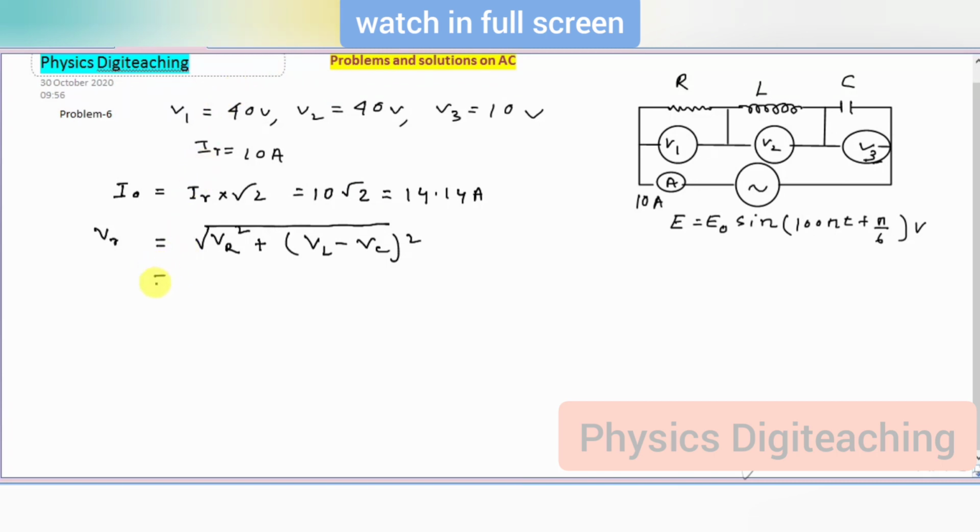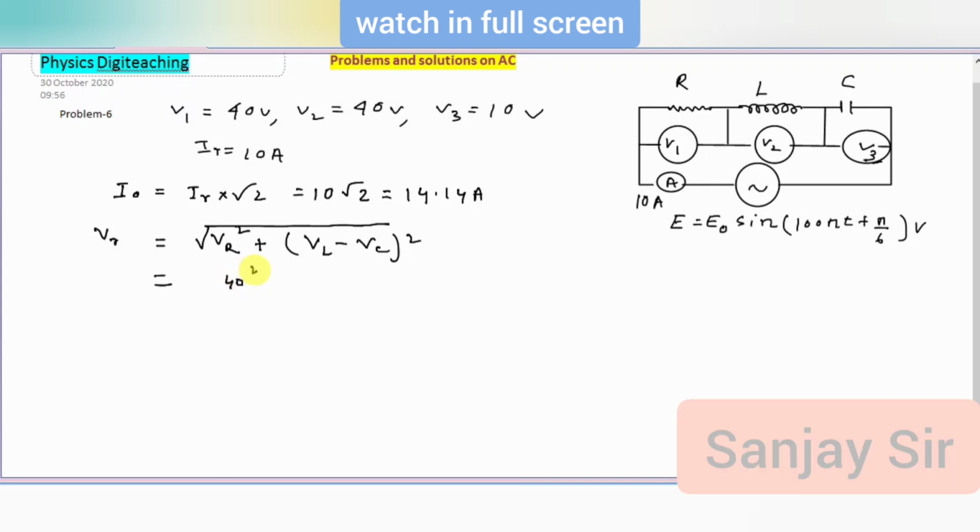We know the voltage across resistance is 40 volt, that is 40 square, plus inductor voltage 40 and the capacitor voltage 10.